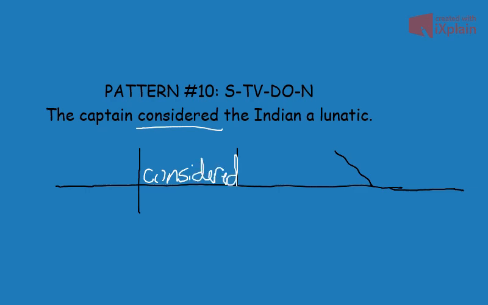Notice considered is an action verb that is followed by a direct object. So we know that we fall somewhere between 7 and 10. All we have to do is figure out where within 7 and 10 we fall. Now we know that there's a direct object, and then the direct object is being renamed by lunatic.